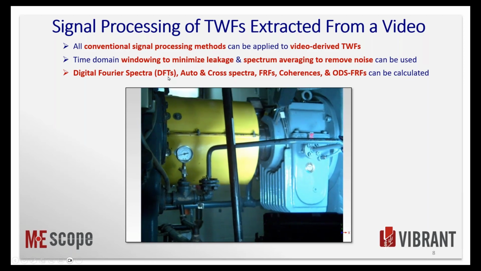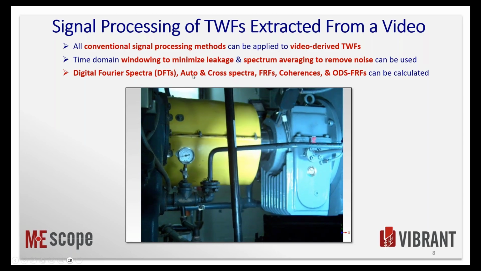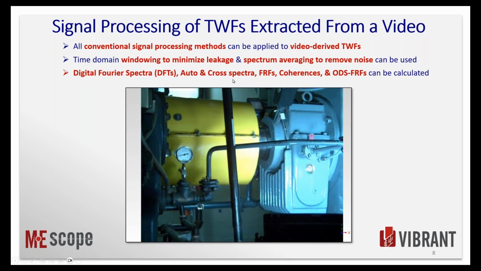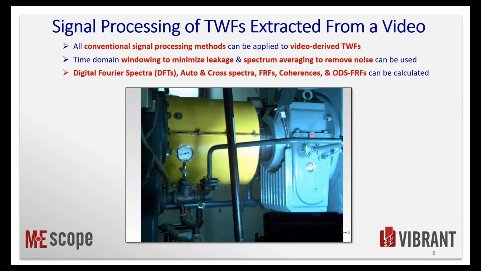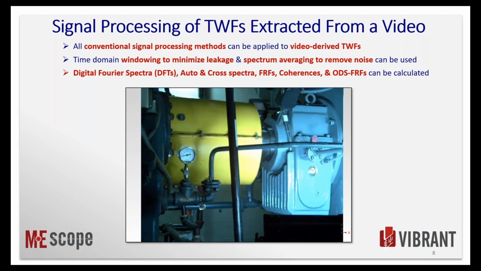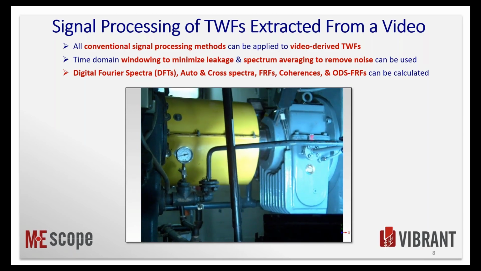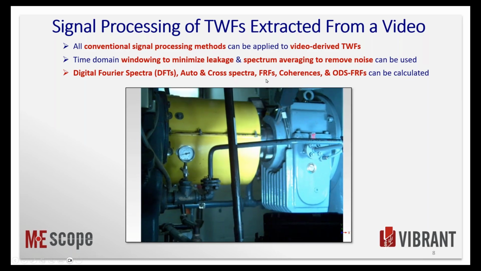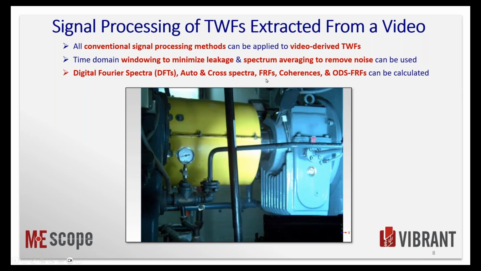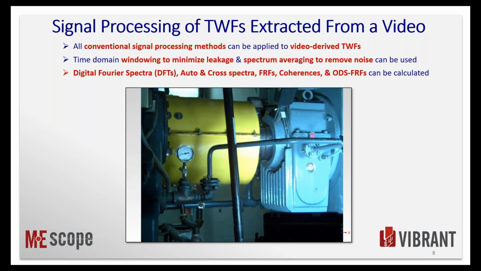So if we're going to look at an ODS, we collect a whole bunch of these. Auto and cross spectrum, very popular. Most analyzers will calculate those, so you can look at the auto spectrum of a vibration signal. FRF, this is normally frequency response function, normally used for modal, where we do curve fitting.